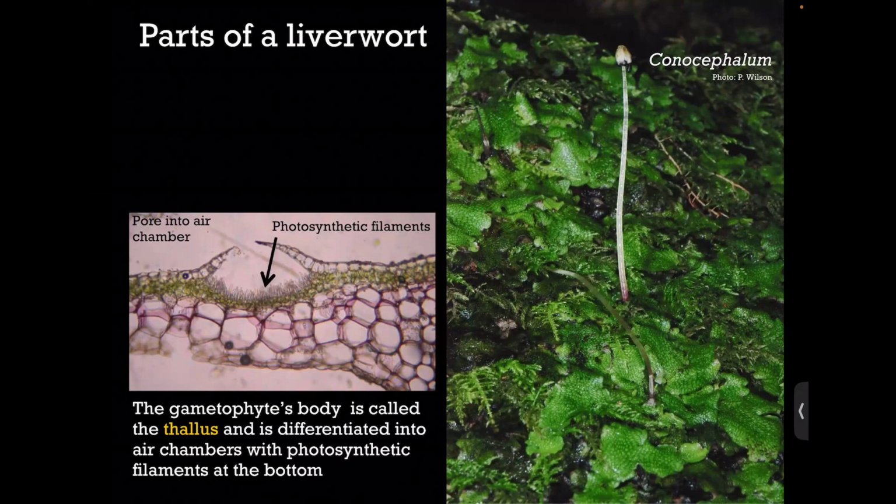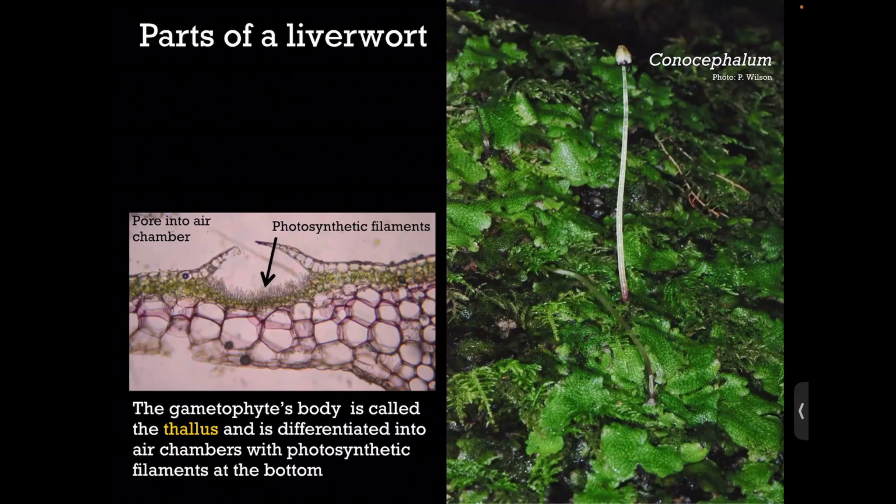And what that means is if you took the gametophyte and made a section through it, you'd get a picture like the one on the left, where there's a surface layer, and then underneath the surface layer, there's a photosynthetic layer, and there's air pores that allow oxygen and carbon dioxide to get into the photosynthetic layer. And that carbon dioxide can be fixed and turned into sugars. There's also some other layers underneath that seem to be not very photosynthetic. It's a complex thallus liverwort.